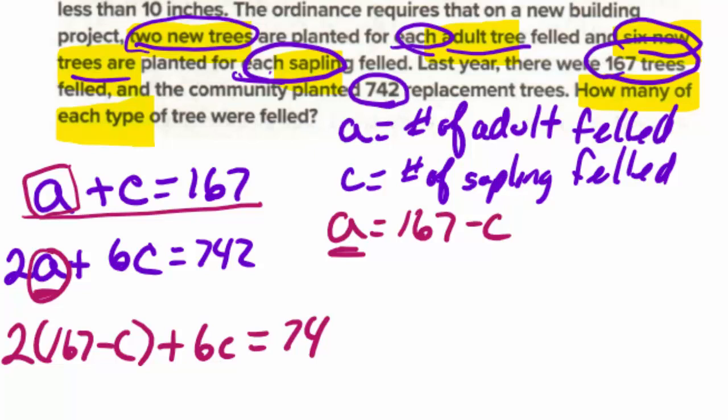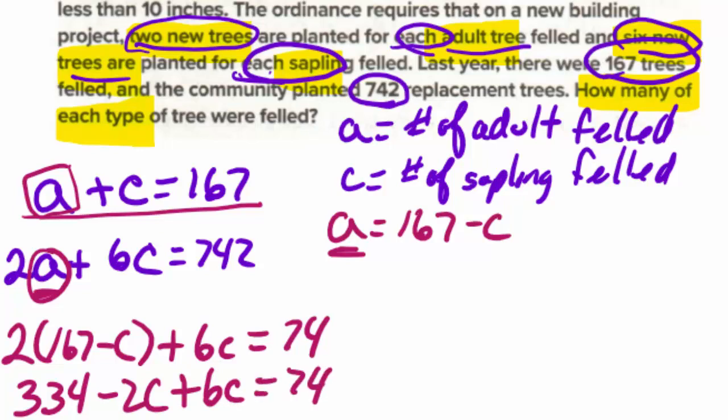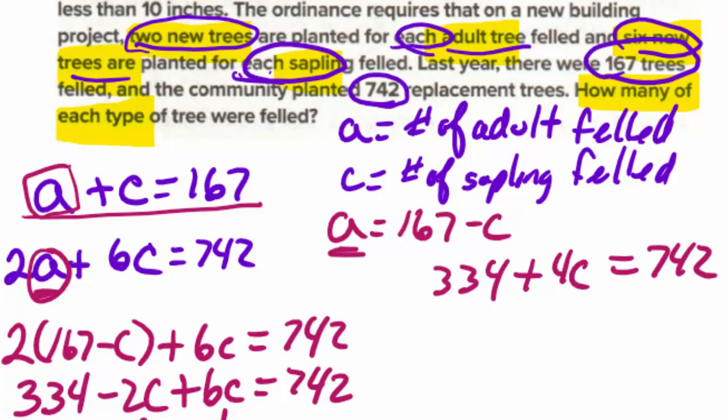So go ahead and multiply there. So 167 times 2 gives me 334, and then distribute the 2 to the C, the negative C, so that would be negative 2C plus 6C equals 742. Now when I combine my like terms here, so I have 334, and negative 2 plus 6 is going to give me a positive 4C equal to 742.